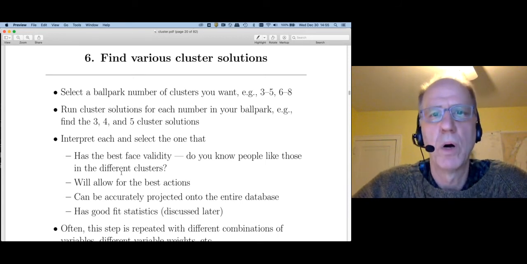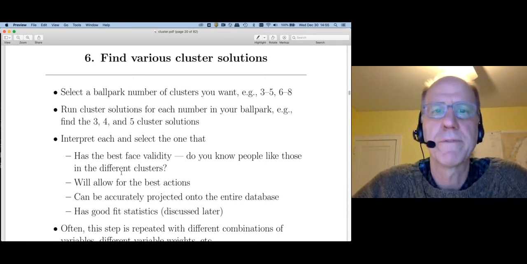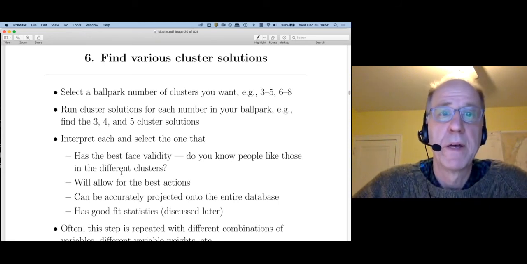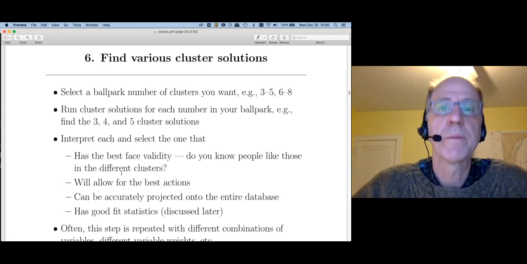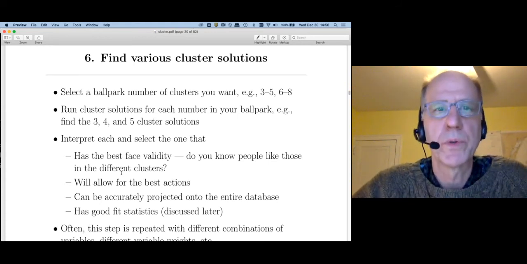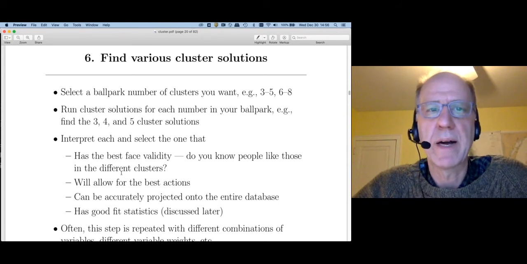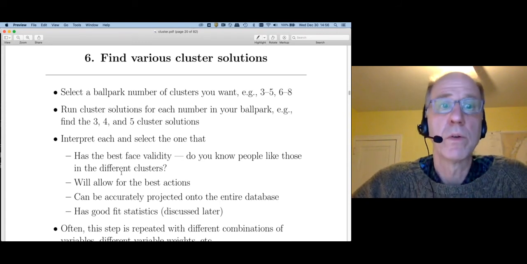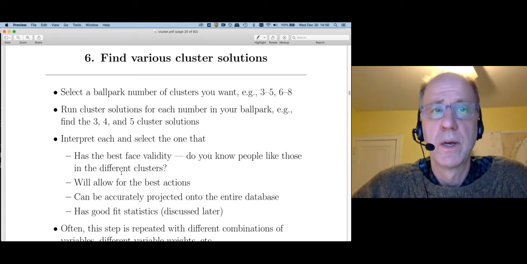So start small, go 3 to 5. If I'm a doctor, maybe I don't want to have 10 types of treatments for different types of colds. Maybe I just want 2 or 3. That's all I'm going to be able to get my doctors to do. So don't go look for the 10 cluster solution.